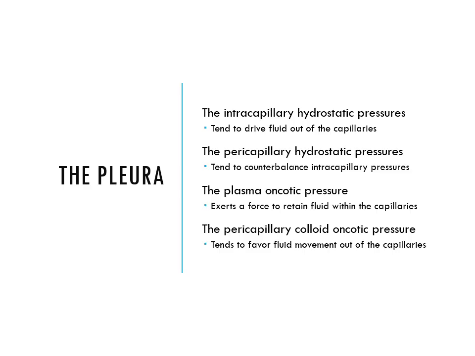The plasma oncotic pressure exerts a force also to retain fluid within the capillaries, and the pericapillary colloid oncotic pressure, boy, that's a mouthful, tends to favor fluid movement out of the capillaries. Any change in balances of these forces will determine how much fluid stays in the pleural space. So how much is left in there.